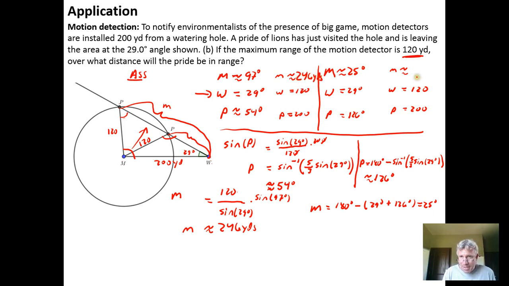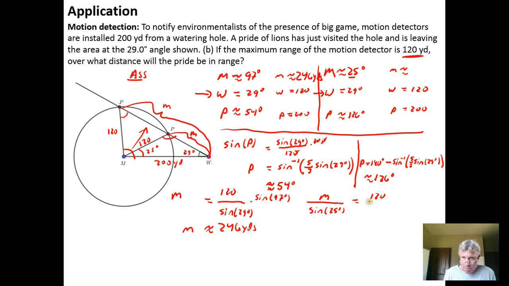Yards. And then I need to calculate little m right here for the smaller 25-degree angle. So we're going to do that calculation. Let's get this out of the way and give ourselves some room. We're going to go little m over the sine of 25 degrees is equal to, again, this angle here was actually approximated, so we want to use the watering hole angle and the watering hole side length.